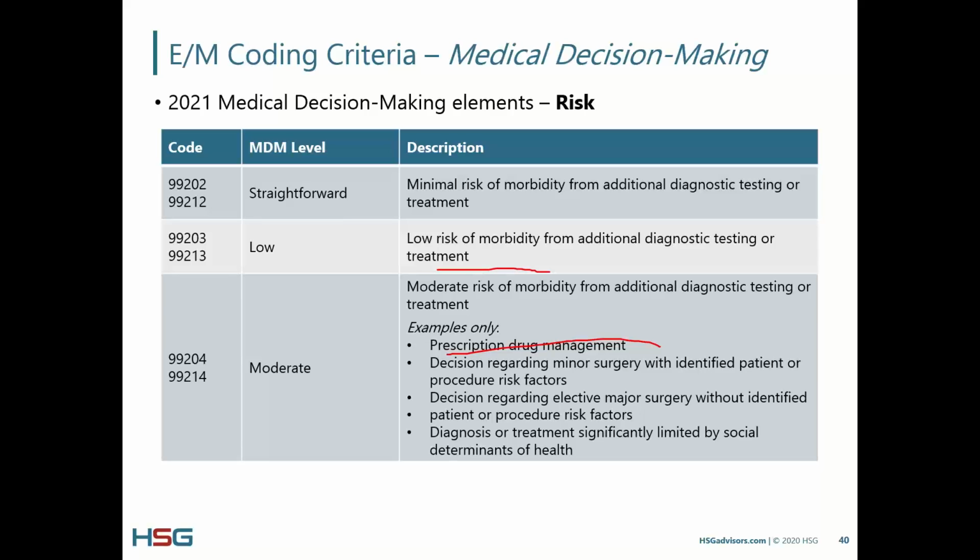But if you change prescriptions or write new prescriptions, talk about surgery, and those kinds of things, or look here, diagnosis or treatment significantly limited by social determinants of health, which means you have to document why that is. You would have had to document in your note why this applies. And if you spend a lot of time doing that, that can carry over into your coding now, whereas before it really didn't.